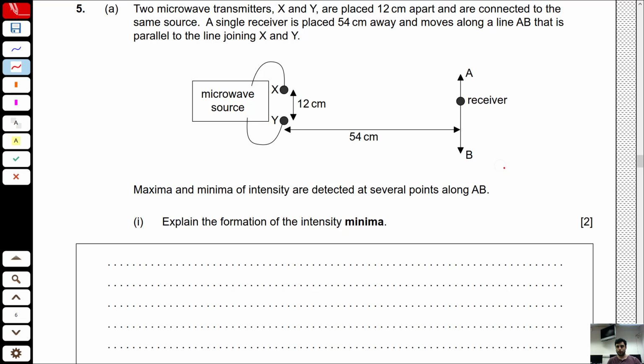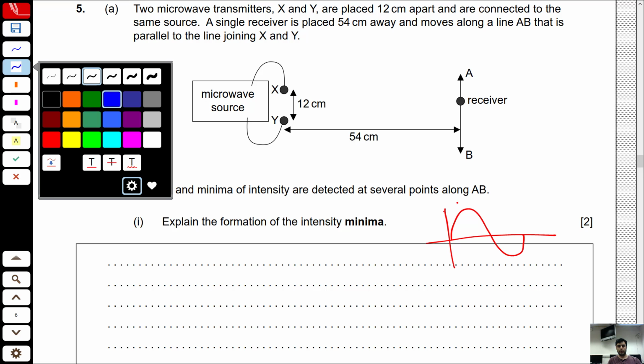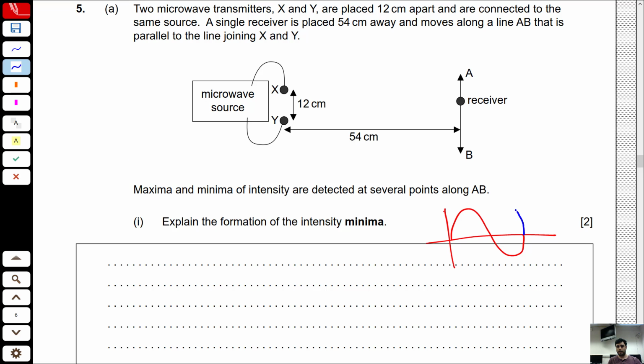Let me show you how. For example, if this is one wave and if another wave coincides such that it is 180 degree in phase difference, so this amplitude and this amplitude just cancel out each other, giving us a wave that has zero amplitude. So that is minimum, no intensity.